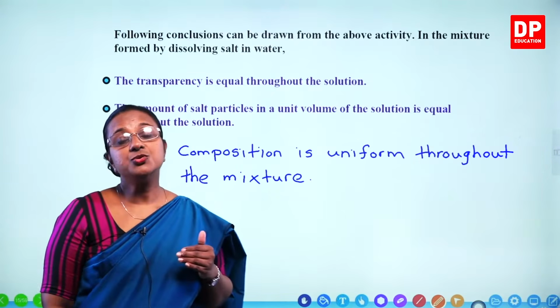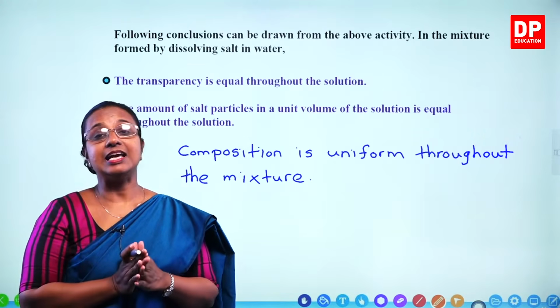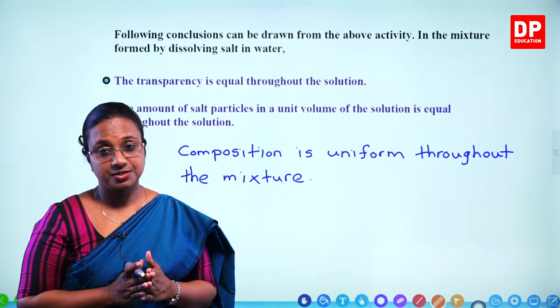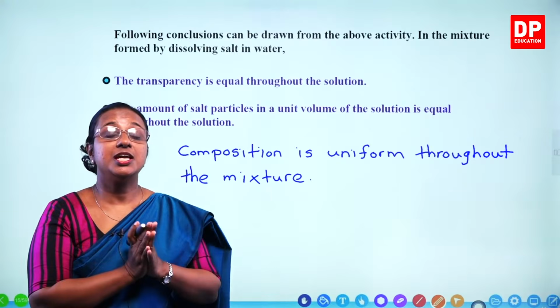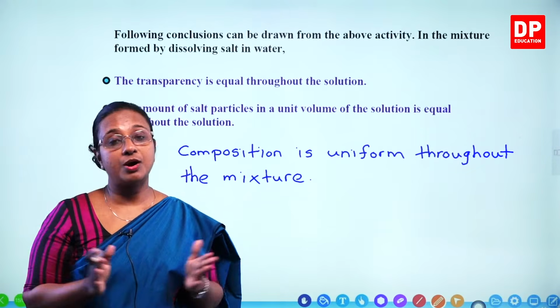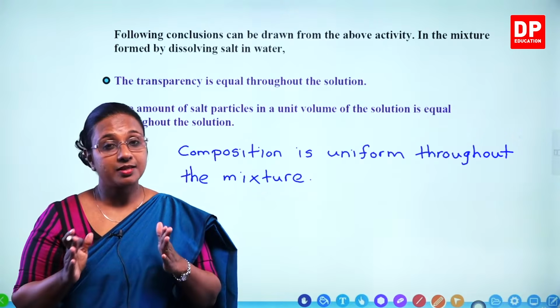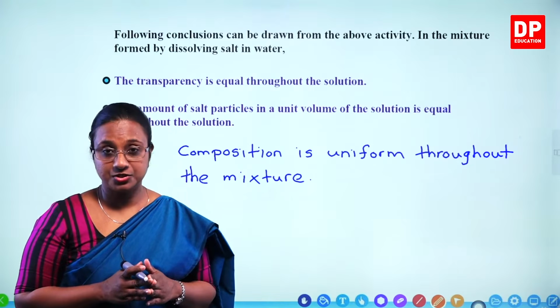So from the two activities, y'all can clearly understand the two main types of mixtures: a mixture where the composition is not uniform throughout, and a mixture where the composition is uniform throughout the mixture.